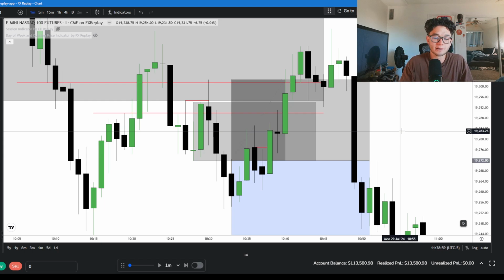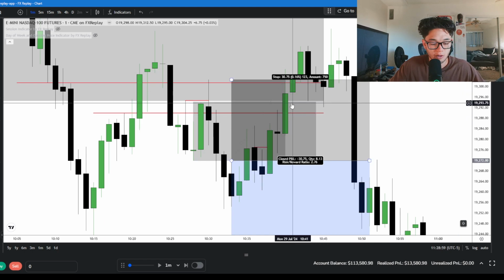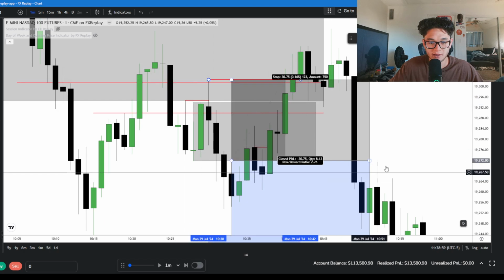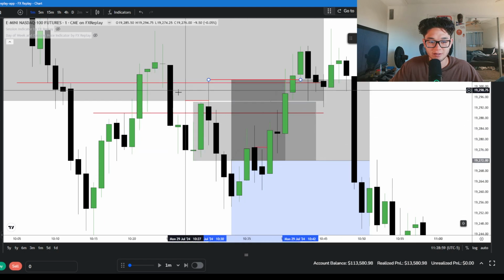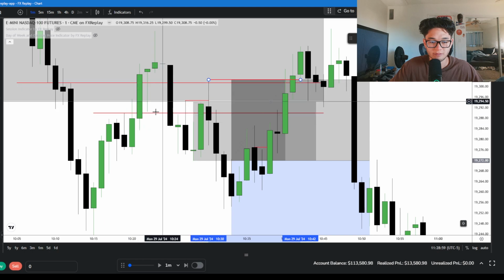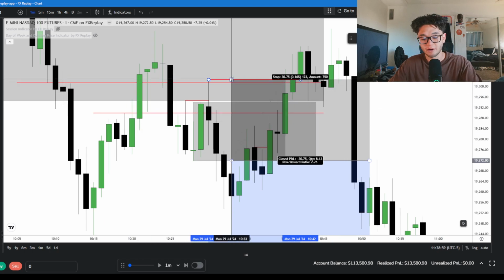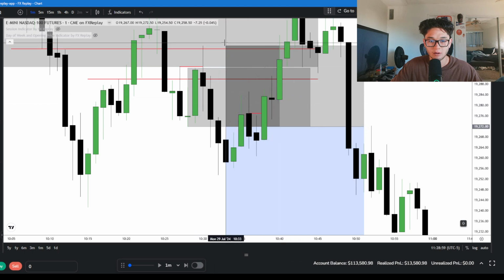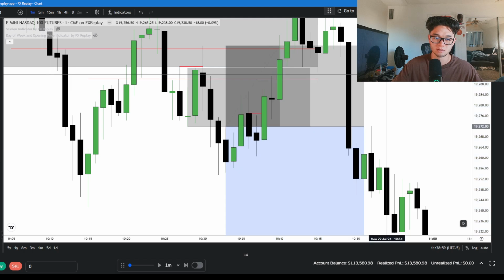We disrespect bearish PD arrays, and this turns into a bullish order block. So the drawn liquidity is higher. That means we're drawing to at least this high, maybe back into this bullish fair value gap. But the drawn liquidity is higher. And I can close this trade here for a much smaller loss than holding it till this stop loss.